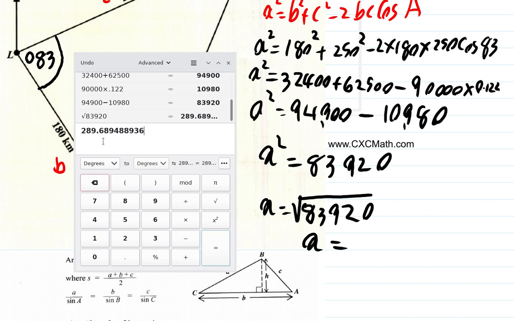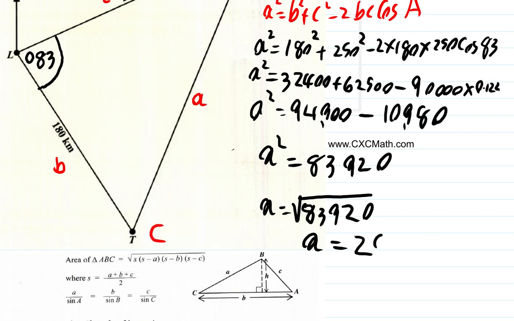Alright, call it 290. Means all the others are to the nearest kilometer. Let's put that as to the nearest kilometer. 290 kilometers. Alright?